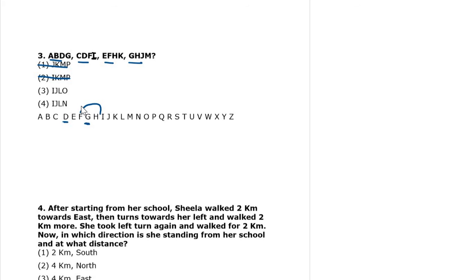So how they written D? That we have to find. A, B, one letter left, D. And then C, D. One letter, they leave the one letter F like that. L, I, J. After J, leave a letter L. Answer is L. Both are having L. So we want to cut. Okay. Next is L. We find out L.